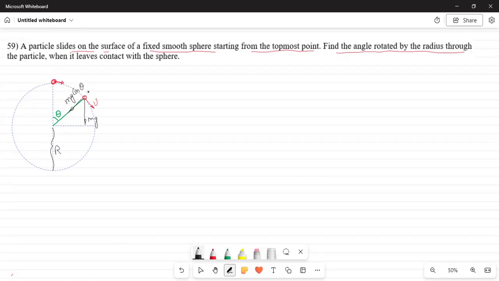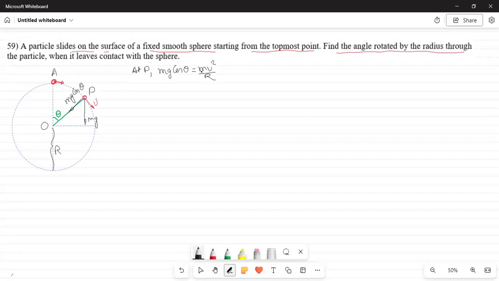Let us name this point P, this point A, and this point O. At P, the force equation: mg cos theta provides the centripetal force mv square by r.